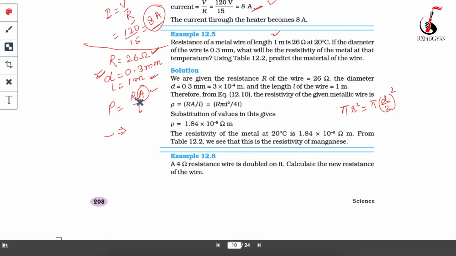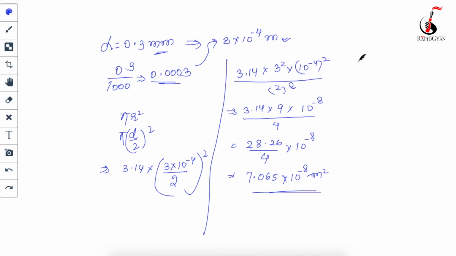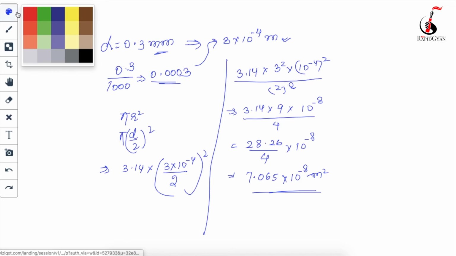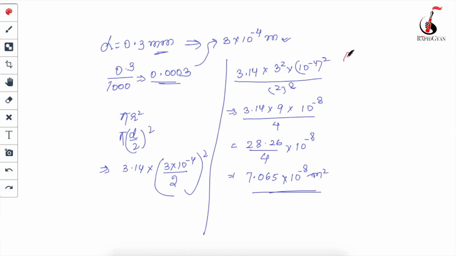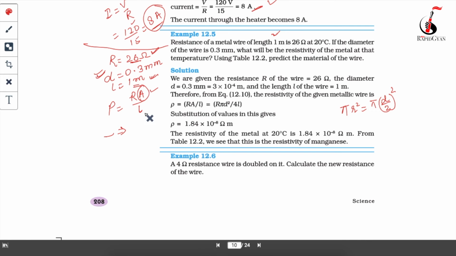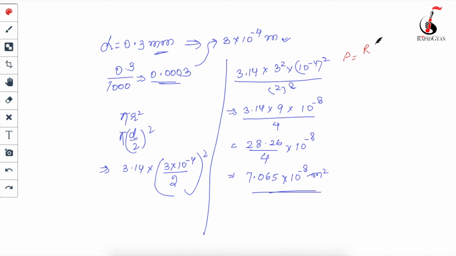Over here I have the resistance, which is 26 ohm, and the length is 1 meter. So let's solve that also. Now I will have to find the resistivity, correct? What's the formula for resistivity, beta? R A upon L. So I will write over here R A upon L. So what is your R, beta?